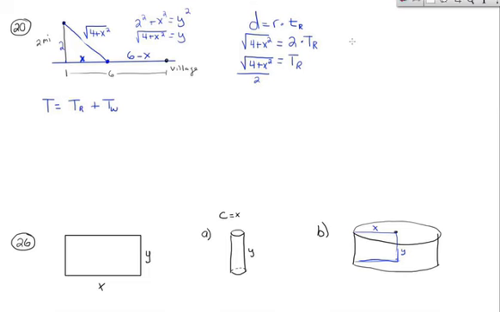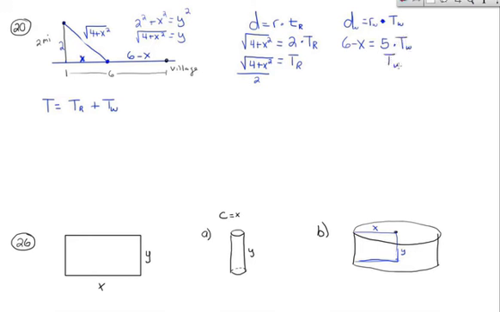And then time walking is going to be the distance walking equals the rate walking times time walking. The distance I'll walk, according to the setup here, is simply going to be 6 minus x. The rate I'll be walking, and this is a times, not plus, the rate I'll be walking is 5 miles per hour times time.